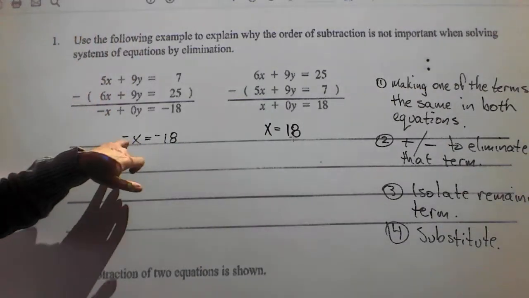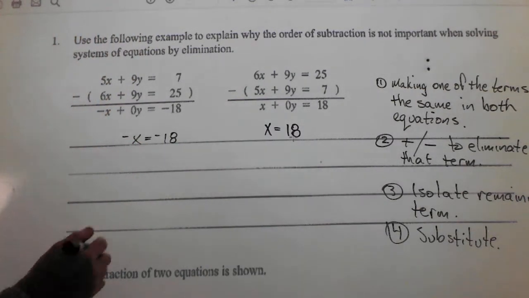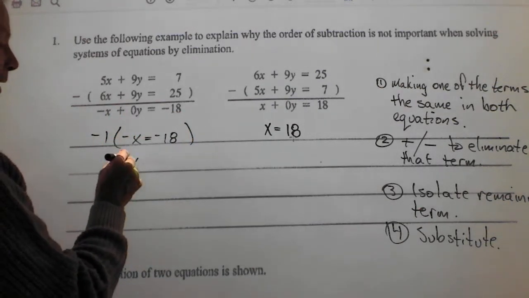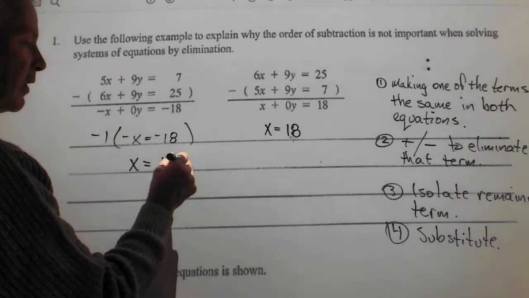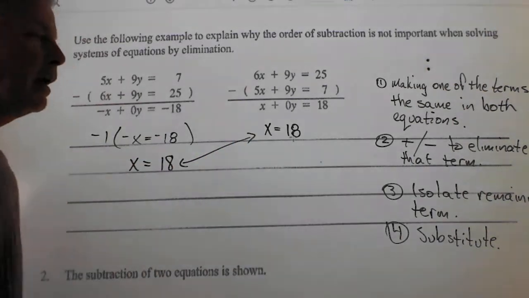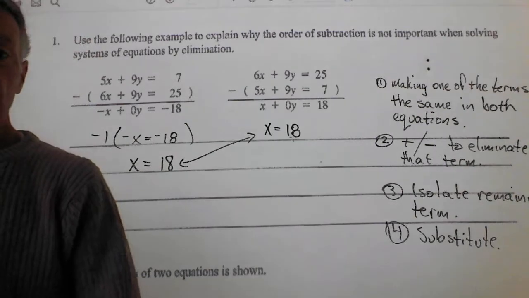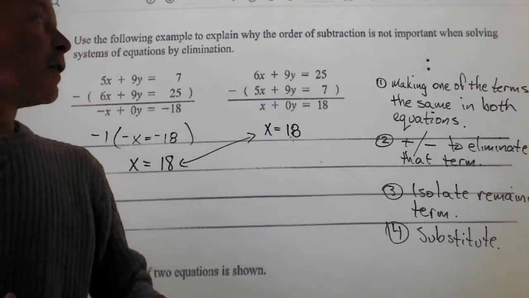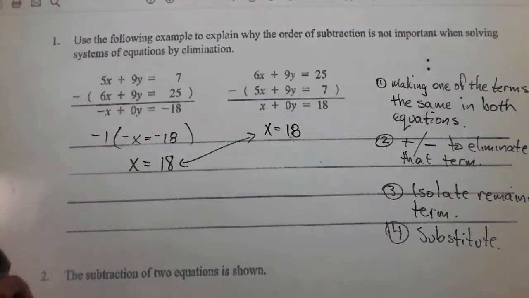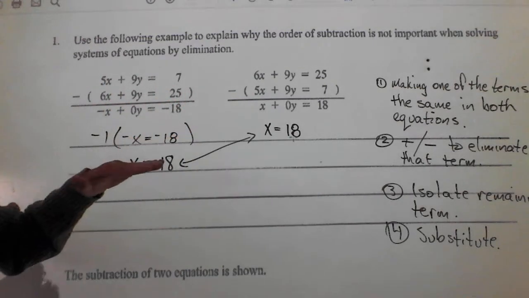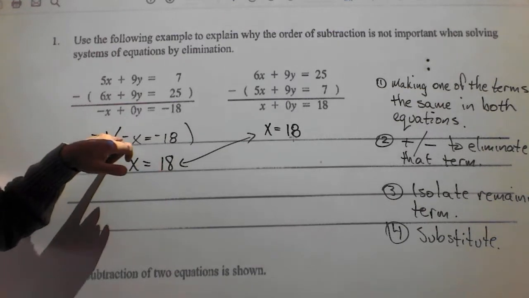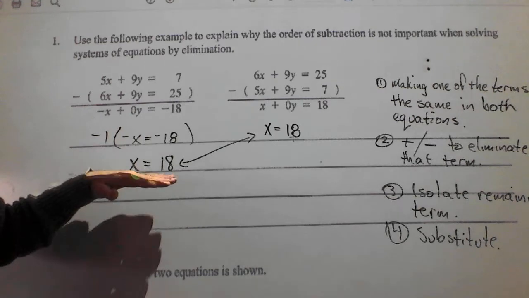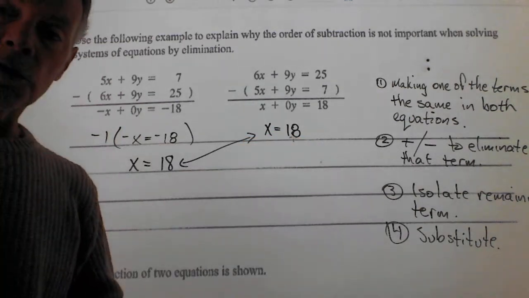Because we want to get rid of this negative sign, so we will multiply the whole mess through by -1, and that will give us exactly the same answer that we had in our second system of equations. So, the reason order is not important is because when we isolate, if there's a negative sign attached to the variable, we get rid of it anyways. So we end up with the same answer. The order isn't important.